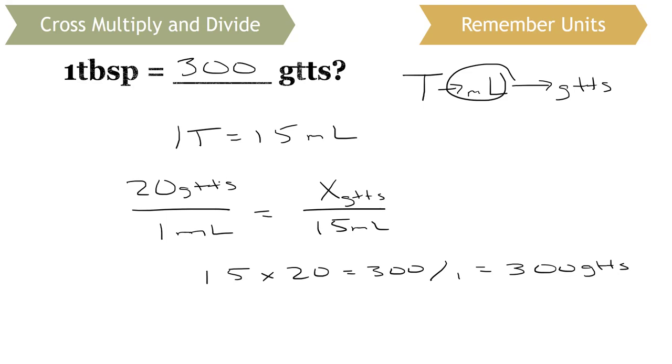Alright, so I then need to go from milliliters to drops, right? I put my conversion here. 20 drops is to 1 milliliter, as X drops is to 15 mLs, aka 1 tablespoon. Cross multiply. 15 times 20 equals 300. Divide 1 equals 300 drops.